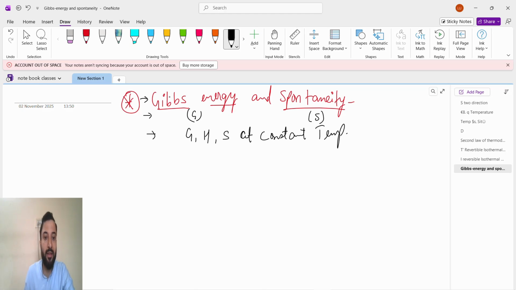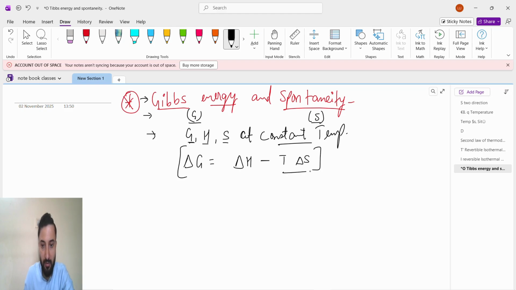Theek hai. So either they will say relationship between Gibbs energy and spontaneity, or relationship between Gibbs energy and entropy, or relationship between Gibbs energy, enthalpy, entropy at constant temperature. The formula is this: delta G is equal to delta H minus T delta S, where T is the constant temperature. Okay, this is the relationship.